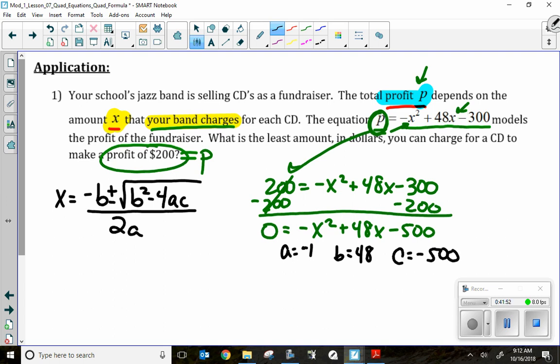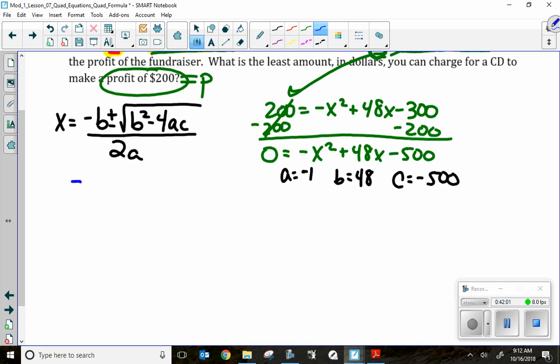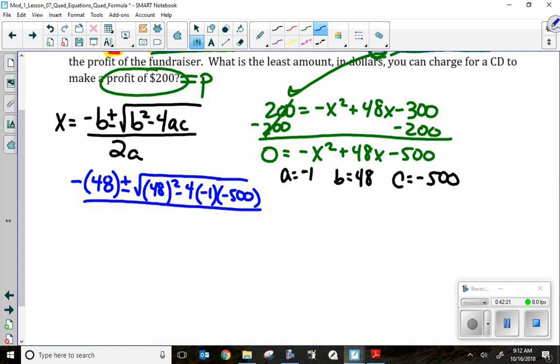Let's put all those values in for our A, B's, and our C. Let's not be scared. Negative B value, 48, plus or minus the square root of B, which is 48, squared minus 4 times A, which is negative 1, times C, which is negative 500. All over 2 times negative 1.